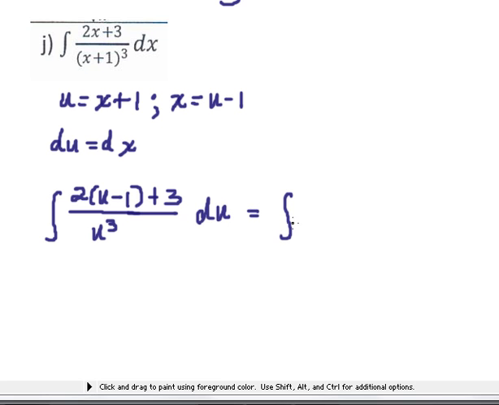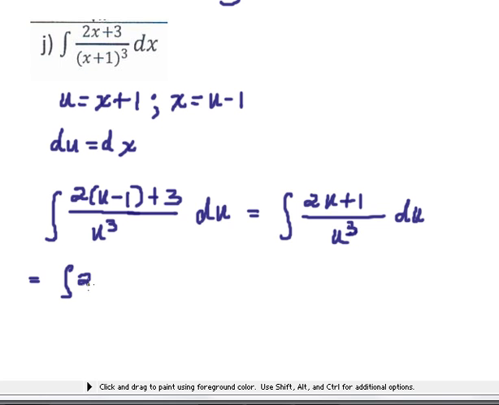Like we did in the previous example, we'll simplify the numerator and divide by the denominator. So we have 2u minus 2 plus 3. That's 2u plus 1. Okay, divide.